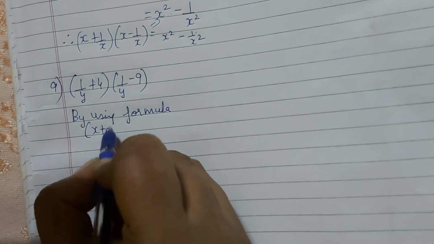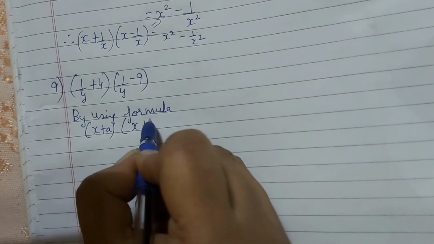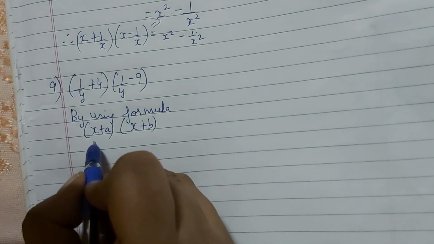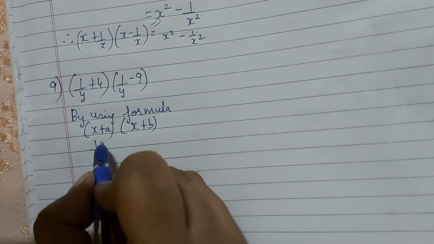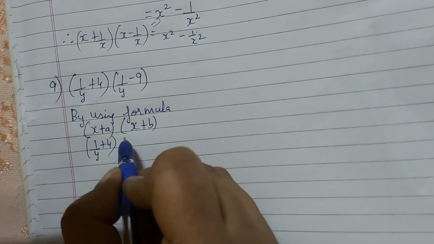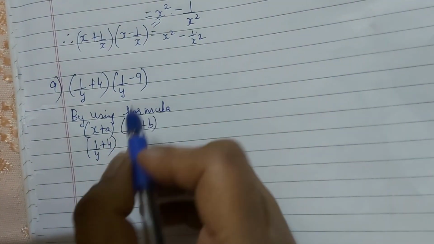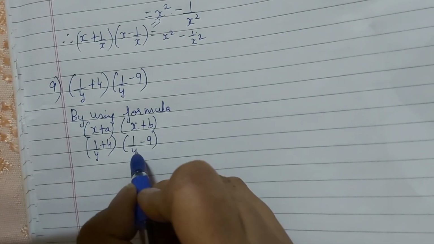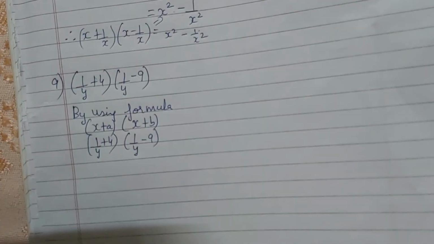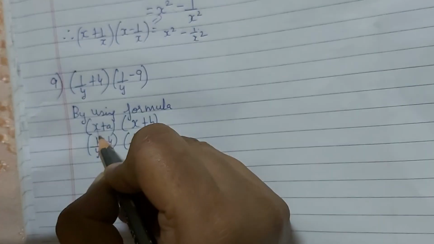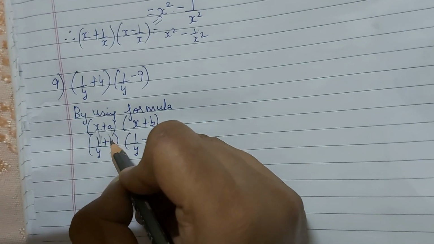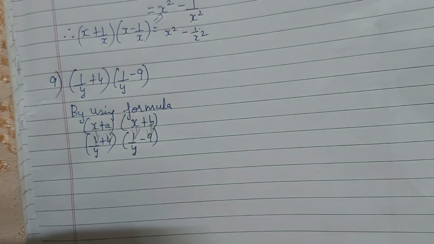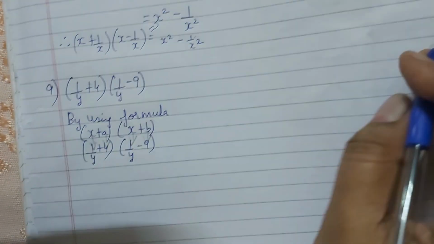X plus a into x plus b. Now below this what will come? This thing, 1 upon y plus 4 in the bracket, 1 upon y minus 9 in the bracket. We have to remove the values. X value is 1 upon y, a's value is 4, x value is 1 upon y and b's value is minus 9.